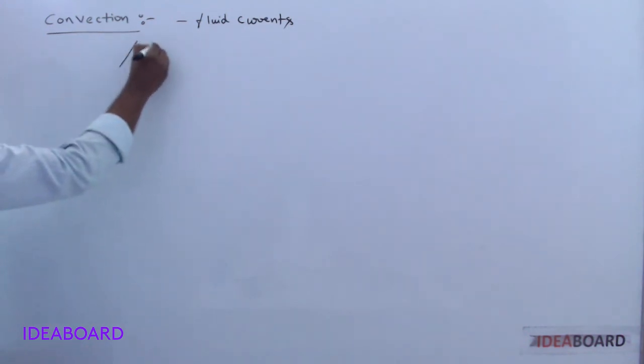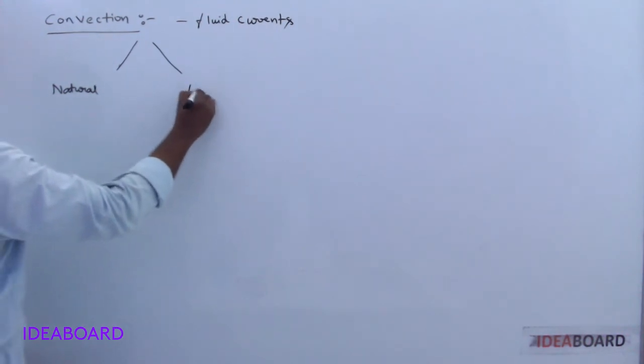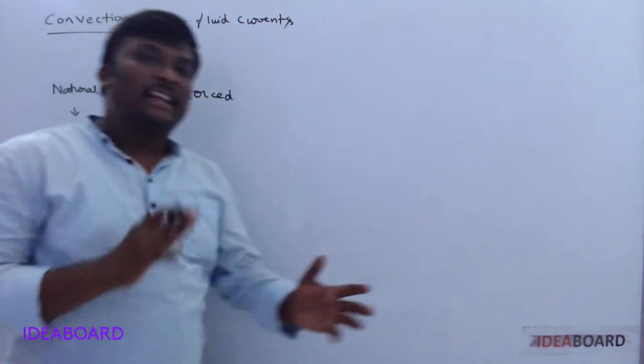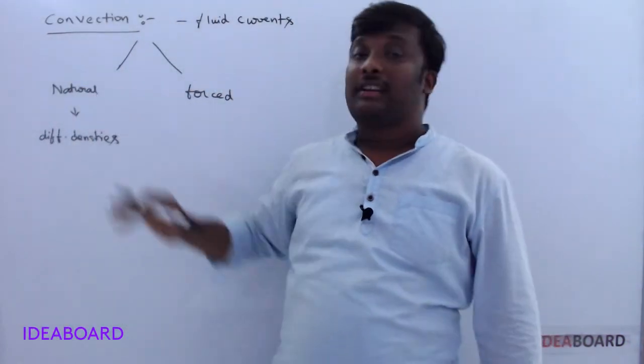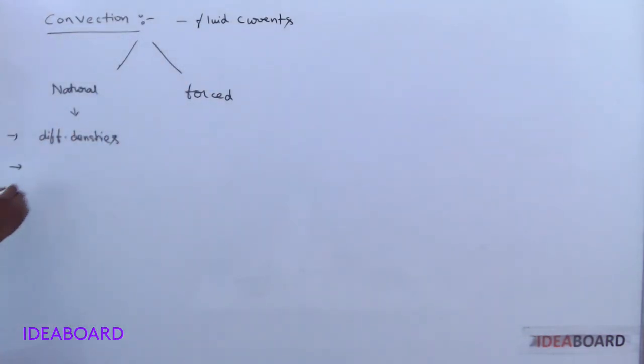Convection is of two types. One is natural convection, another is forced convection. Natural convection mainly depends on the difference in densities of the body at different places. Wherever the densities vary, natural convection takes place. It particularly depends on gravity; it is a consequence of gravity.